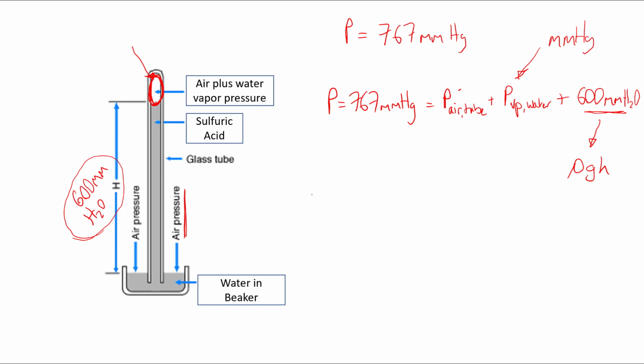Remember from the previous slide, but now in slightly different units, 13.546 grams per centimeter cubed is the density of mercury. So there's our density multiplied by 9.807 meters per second squared, multiplied by millimeters of mercury. This is what we're trying to find.